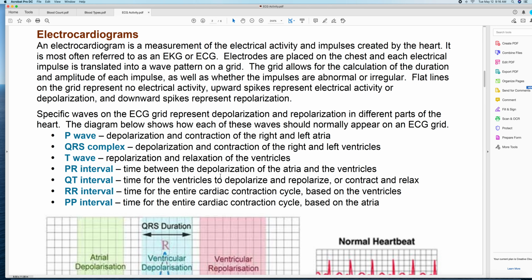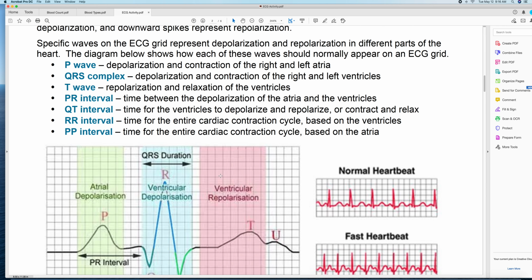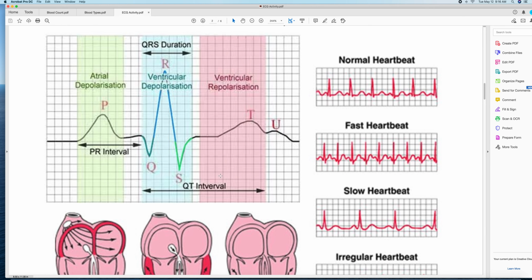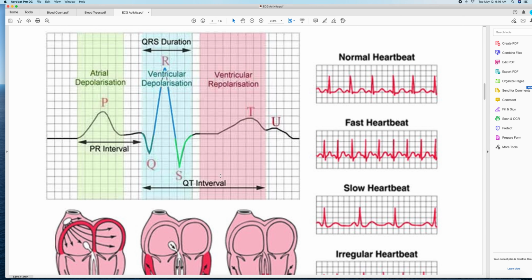EKG, ECG, just depends on your preference. EKG is technically German. Cardio is spelled with a K, and that's where that came from. But anyhow, we can track the different polarization phases or depolarization stages that are happening through the nodes in this diagram that is the ECG.